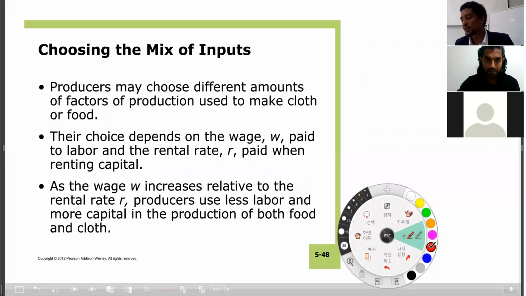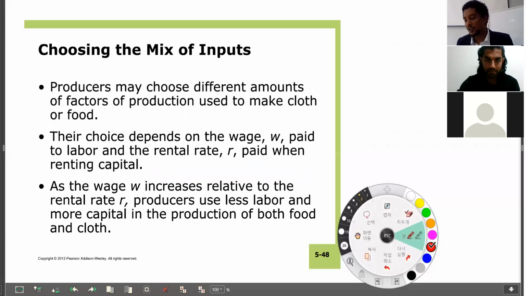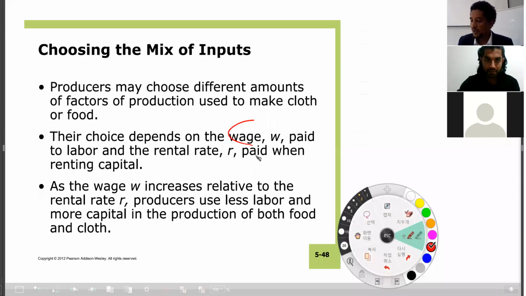Okay, so producers must choose different amounts of factors of production used to make both clothes and food. Their choice depends on the wage rate. So these two will determine what to produce more: the wage and the rent, or the rental rate.